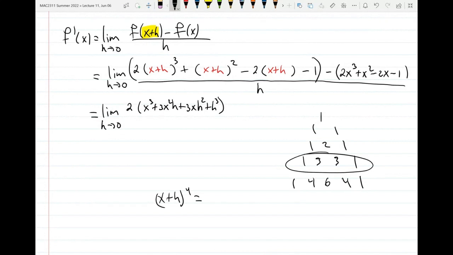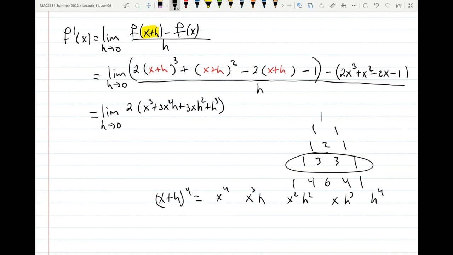There are going to be 5 terms, because there are 5 coefficients, and the sum of the degrees always has to be 4. You start with 4 on x, and then you decrease 1 there and increase 1 for h. So the terms are x to the 4, x cubed h, x squared h squared, x h cubed, and h to the 4.